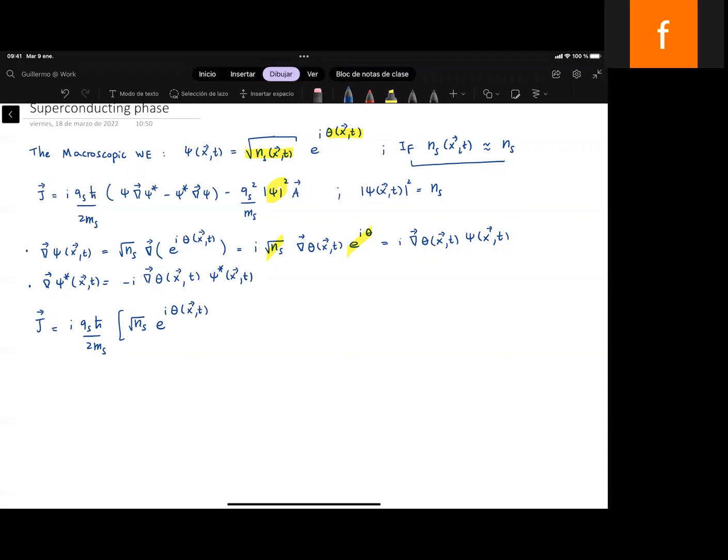Then we have the gradient of the wave function conjugate, so times minus i gradient of theta of x comma t, times psi conjugate.